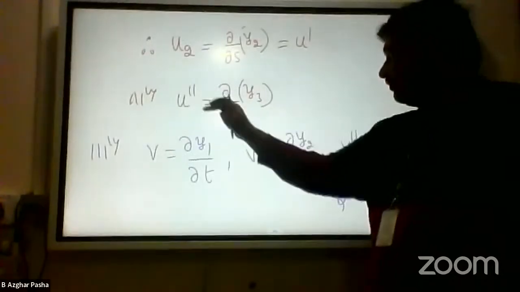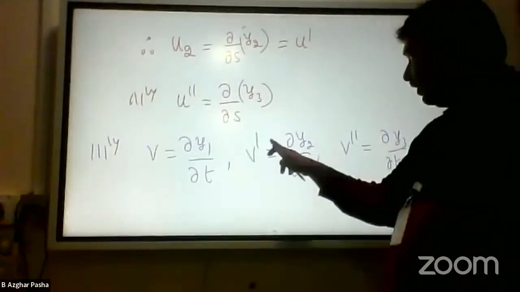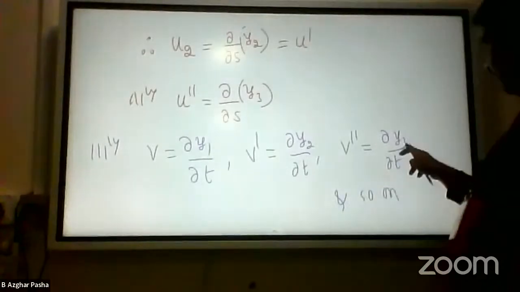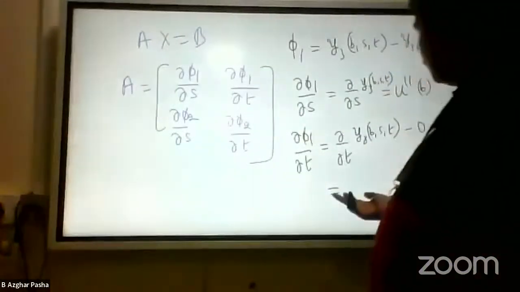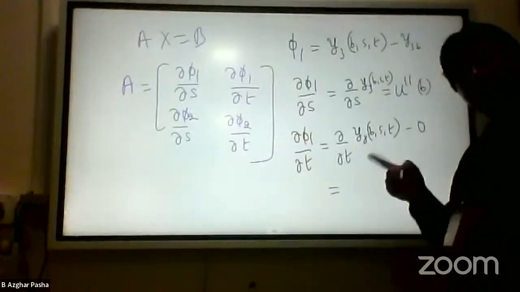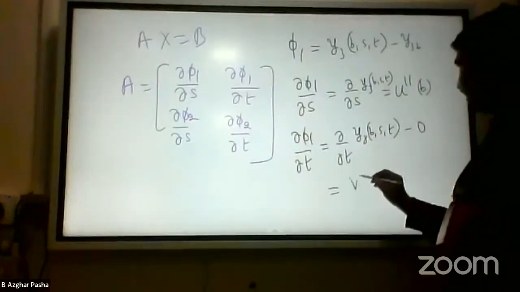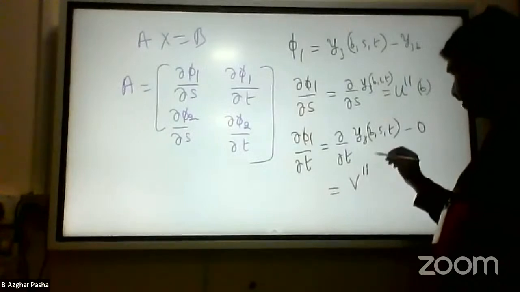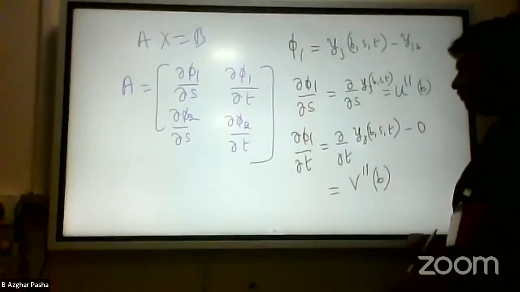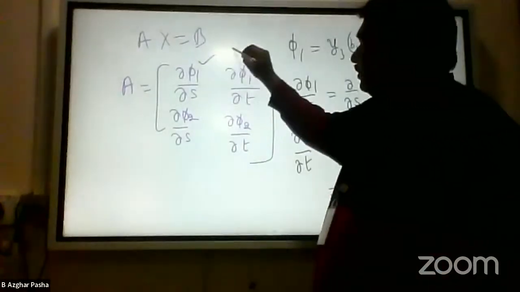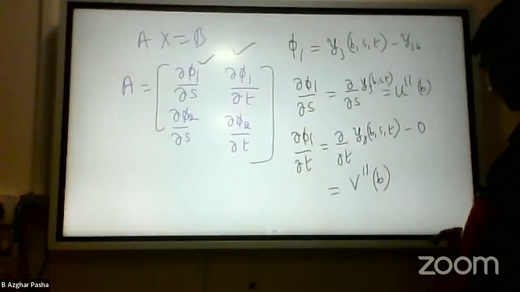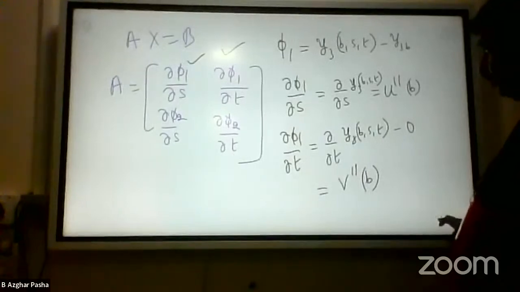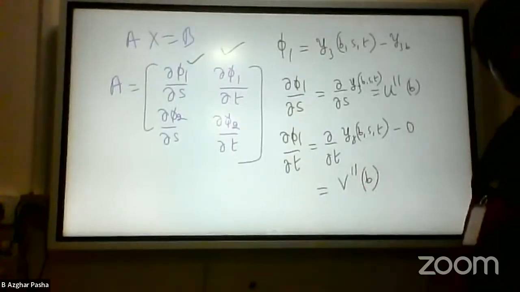Y3 means one derivative less, here also y2, one derivative less. So y3 gives v''. Same logic here, ∂/∂t means v. Y3 is there, so it has to be the double derivative at the end point. So this is over. When I know u'', I can write it in terms of y1s, and I can continue as I did in the previous case.